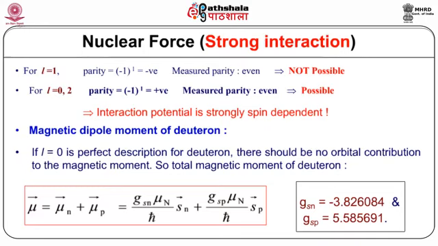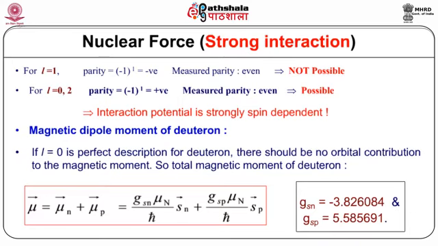Magnetic dipole moment of the deuteron. Now we are going to discuss the magnetic dipole moment of the deuteron. The deuteron, as we know, has two nucleons in the nucleus, one proton and one neutron with parallel spin. If L = 0 is a perfect description for the deuteron, there should be no orbital contribution to the magnetic moment.